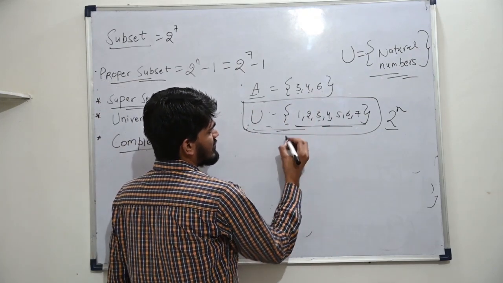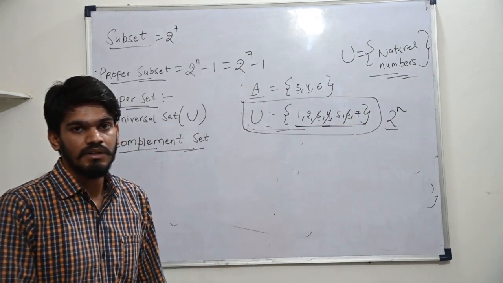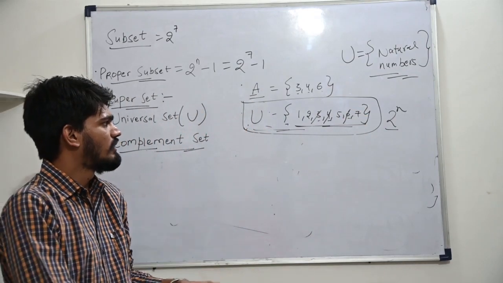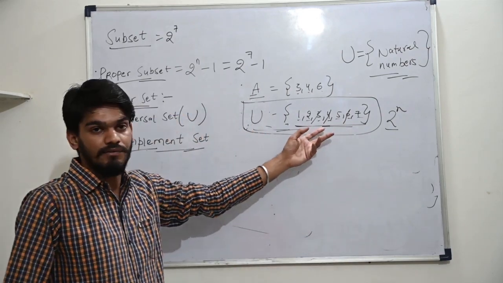Now in the universal set, 3, 4 and 6, if I cut them, if I remove them, then 1, 2, 5 and 7 remain. Why have I cut them?